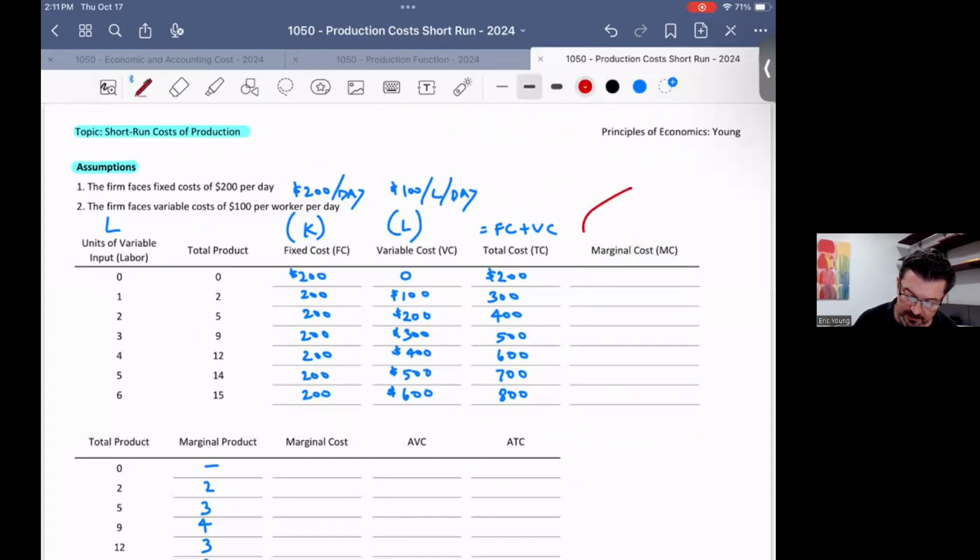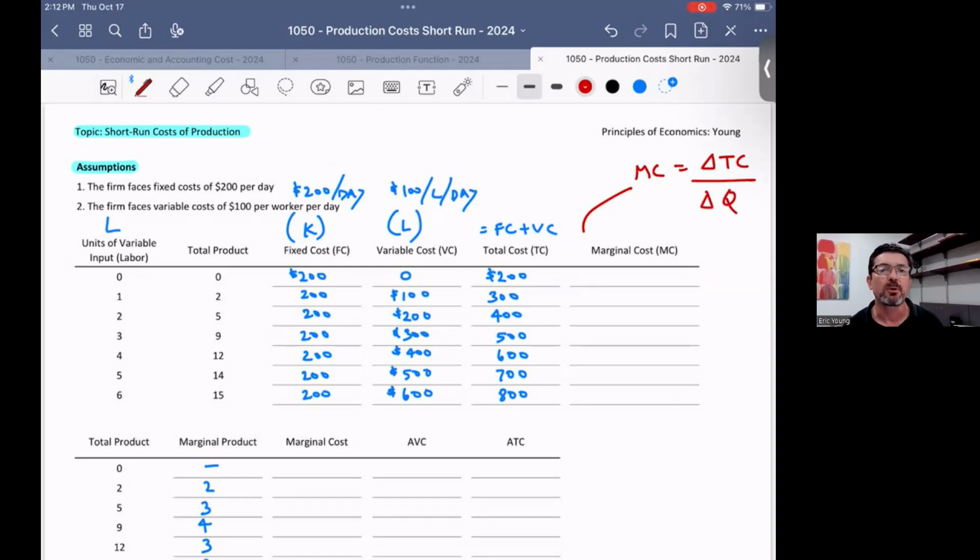Marginal cost is the increase in cost that comes from making each additional product. It's the change in total cost, how much extra total cost you take on for every additional output, for every additional pizza that you make.